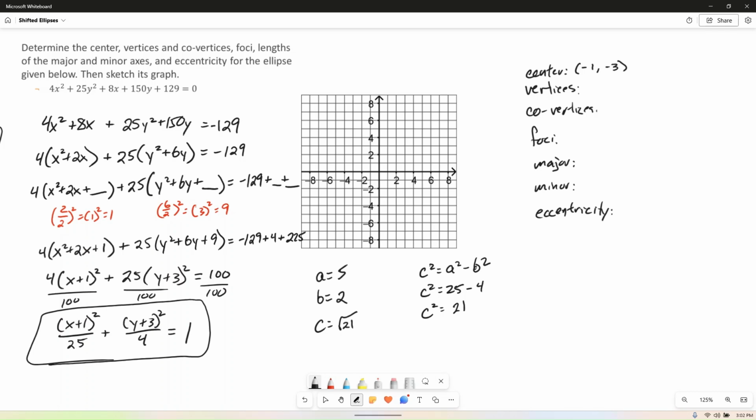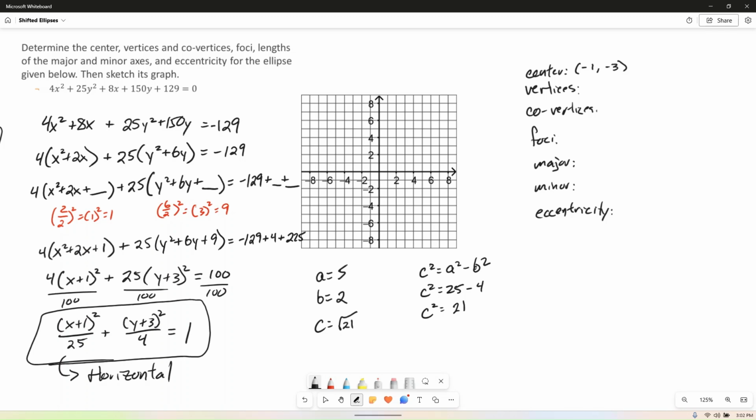The vertices are always a distance of A from the center. Now, is that vertical or horizontal? Looking at our denominators, 25 is the bigger denominator, and that is 25 under the x. And so because of that, I know that this has to be a horizontal ellipse.